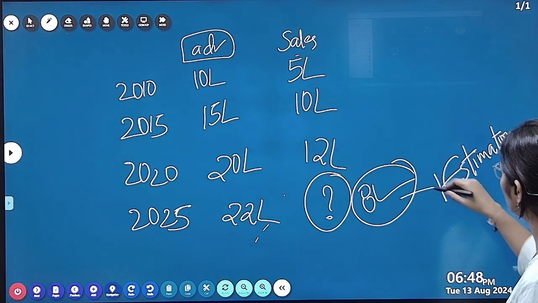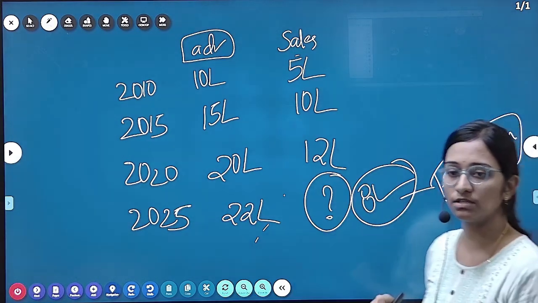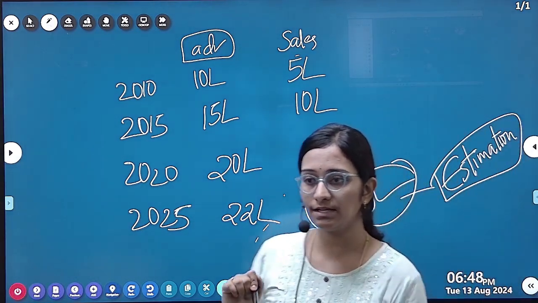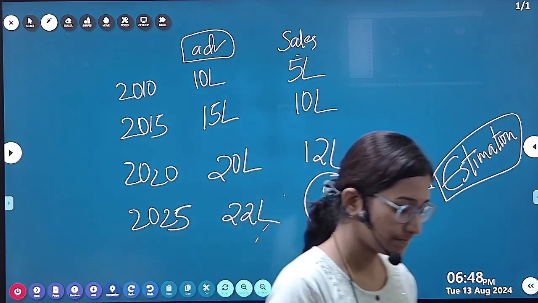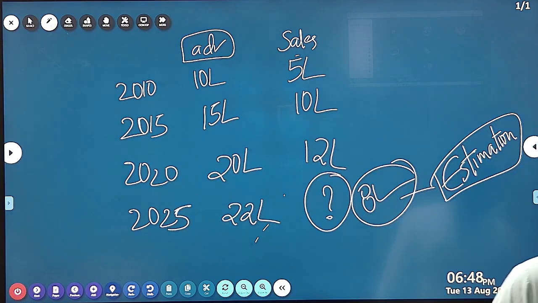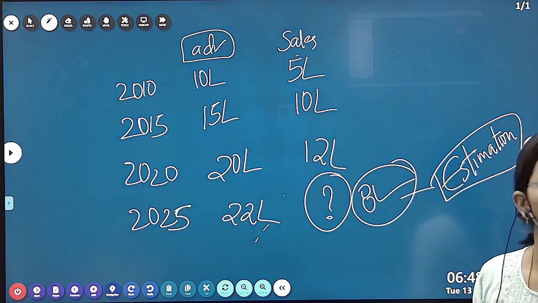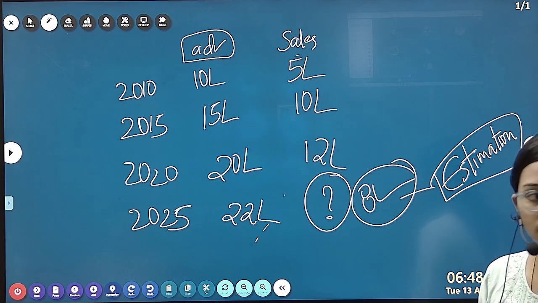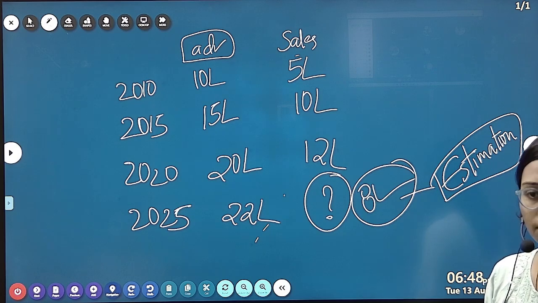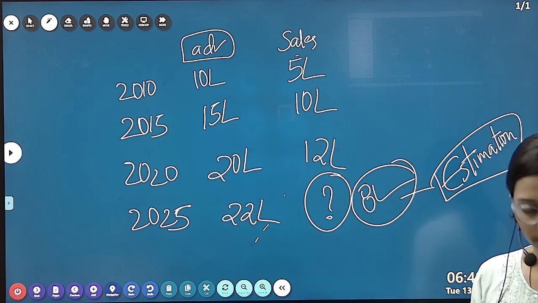Okay? This is an estimation, 8 lakhs is an estimation. That amount may change due to other technology, cost, everything.